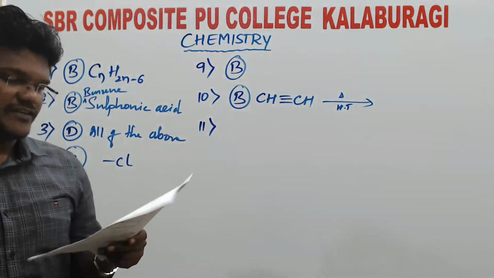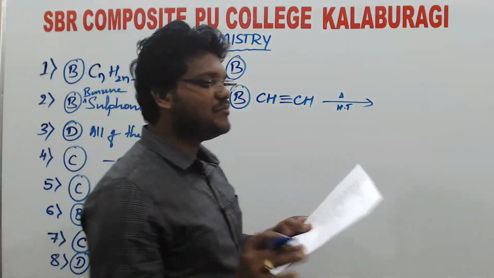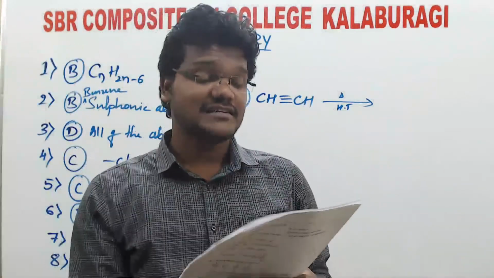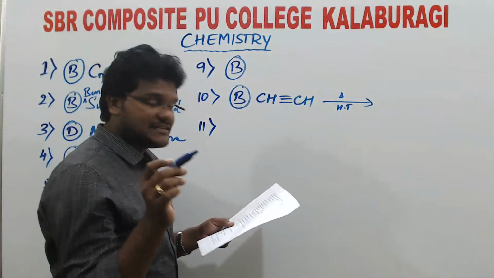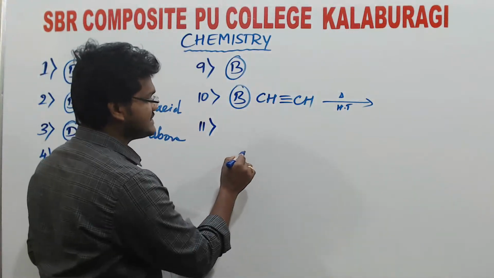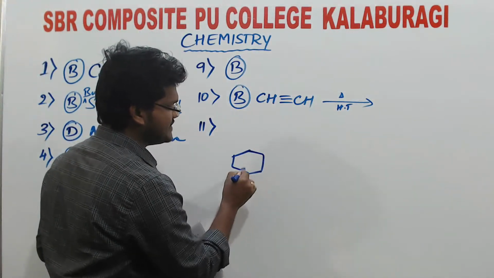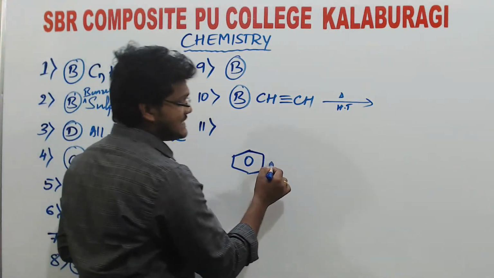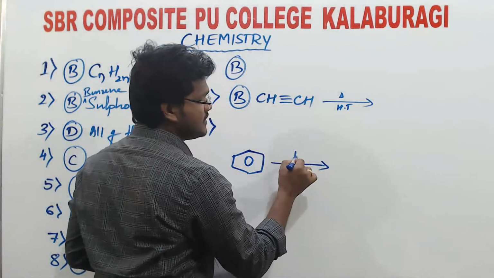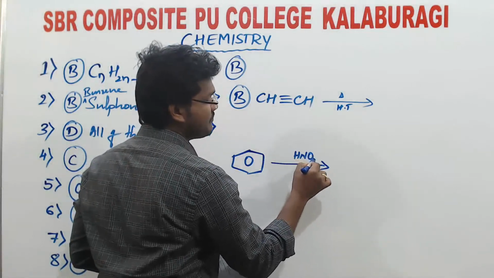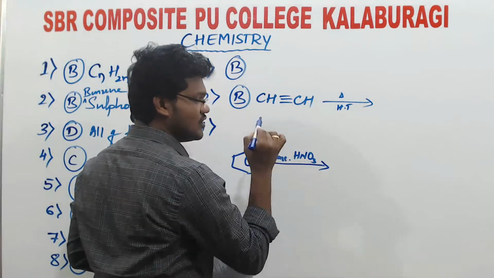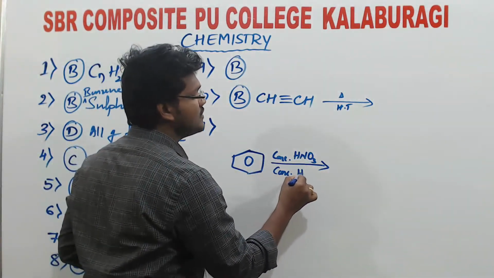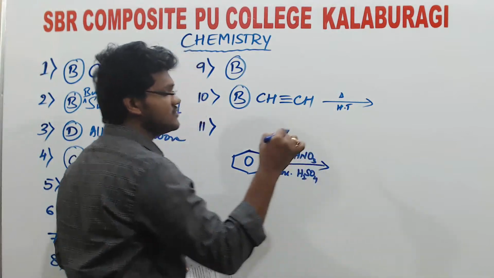That is my 11th. The products A and B in the reaction sequence. Let's see the reaction sequence. For the 11th, they have given C6H6, that is benzene. This benzene is treated with concentrated HNO3 and concentrated H2SO4.